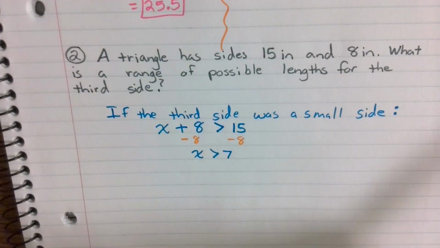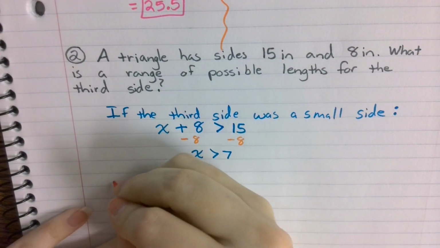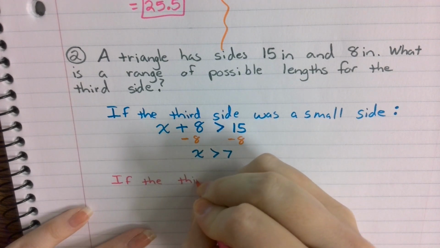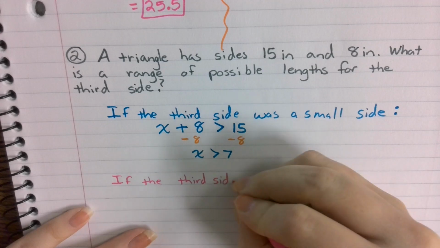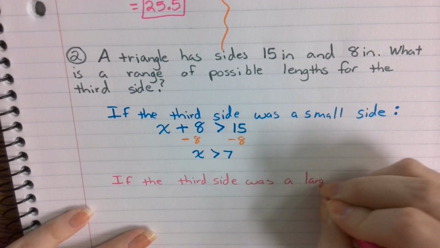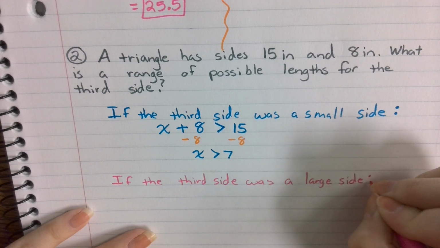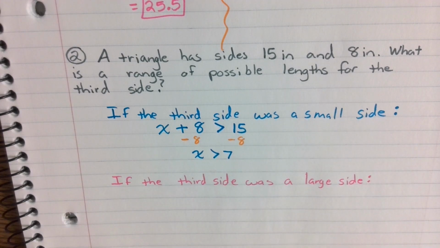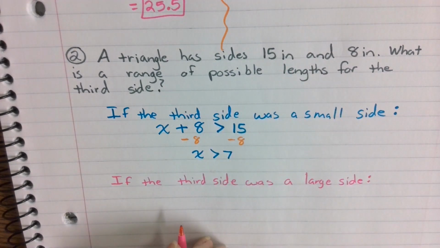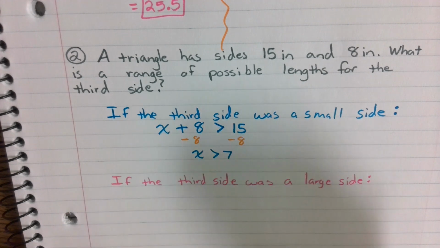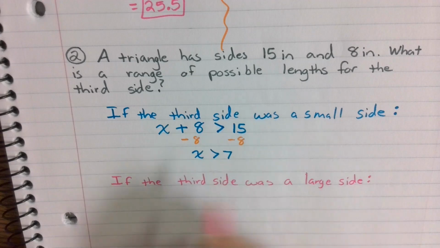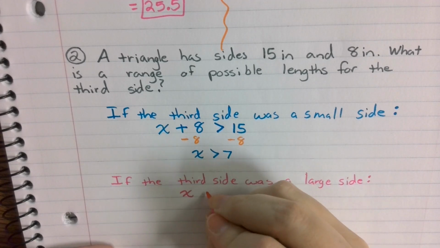Now, what if it was the largest side? If the third side was a large side, then that means that 15 and 8 would be the smallest sides. Right? 15 and 8 would have to be greater than the third side. So that means x is going to have to be smaller.